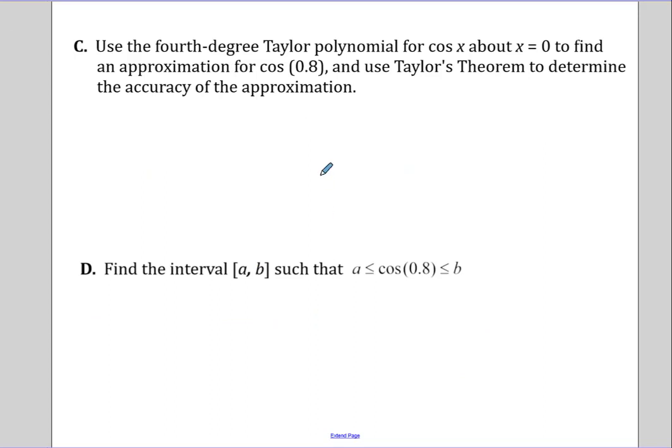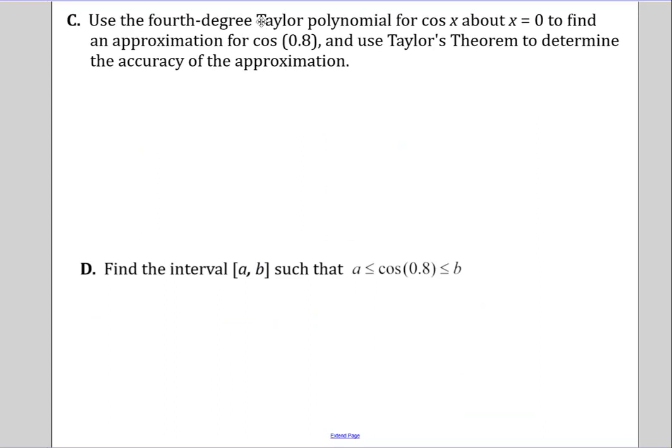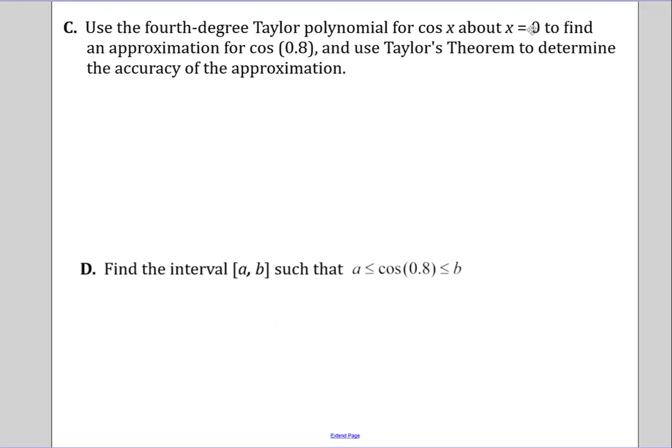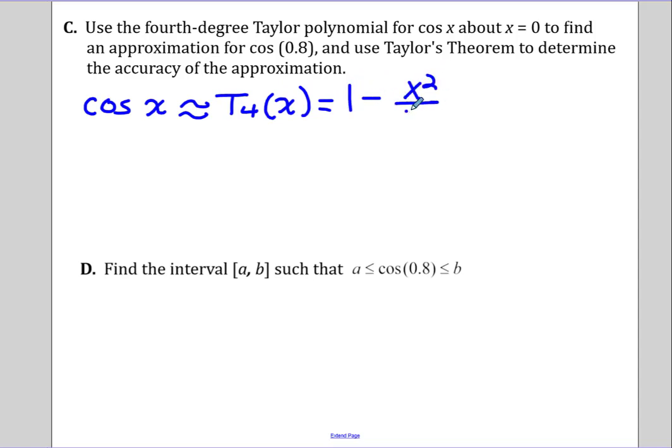Part C says use that fourth degree Taylor polynomial for cosine about 0 to find an approximation for cosine at 8/10, and then use Taylor's theorem to determine the accuracy of the approximation. So the cosine of x is about the Taylor fourth degree polynomial, which was 1 minus x squared over 2 factorial plus x to the fourth over 4 factorial.